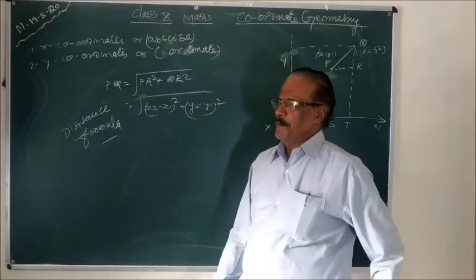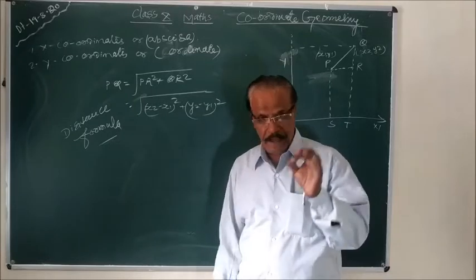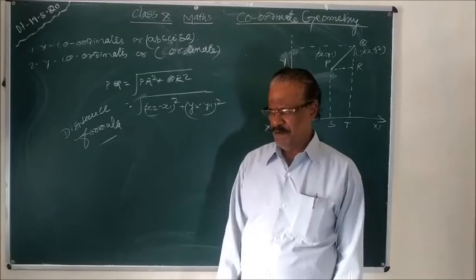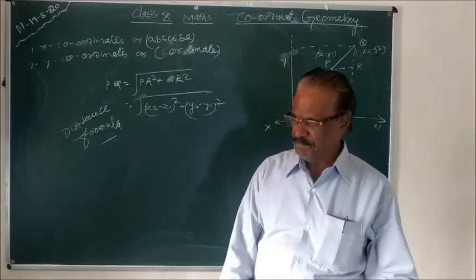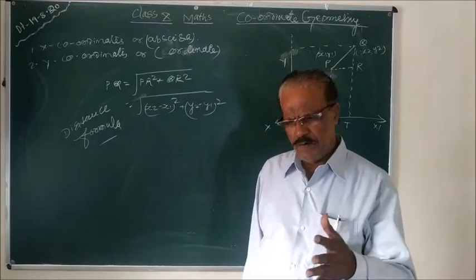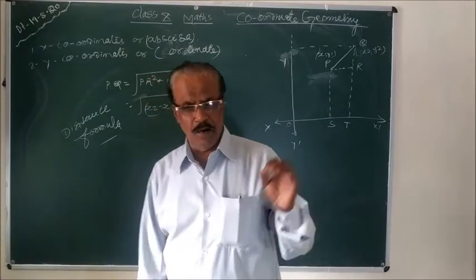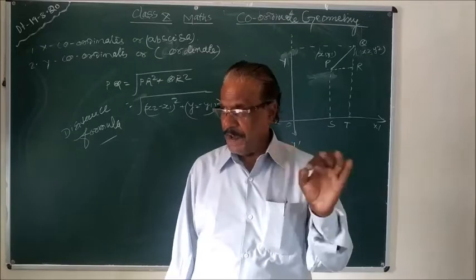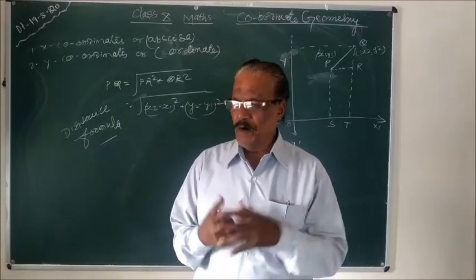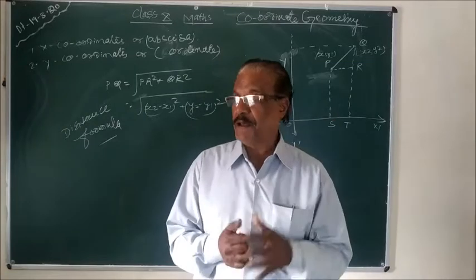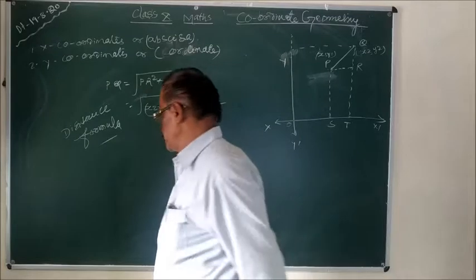With coordinate geometry, we can locate any point in a plane, where the point is situated. As you must have learned to locate any place in the world map, longitude and latitude, you might have heard the names of these two words.